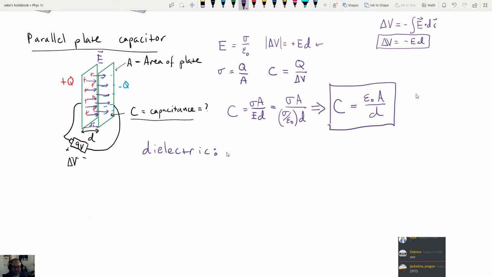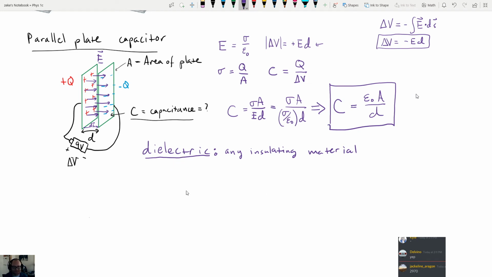Now, a dielectric is basically any insulating material. This word is very antiquated. It could just be insulator, dielectric, okay?